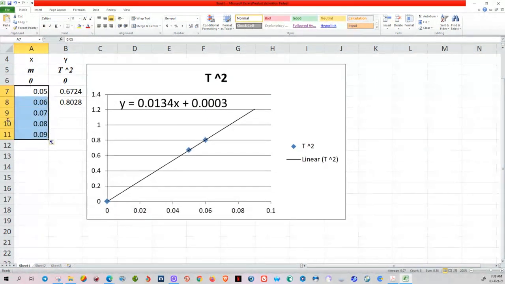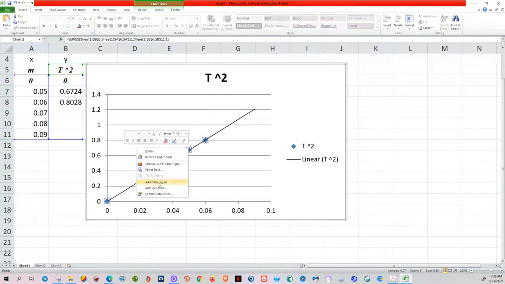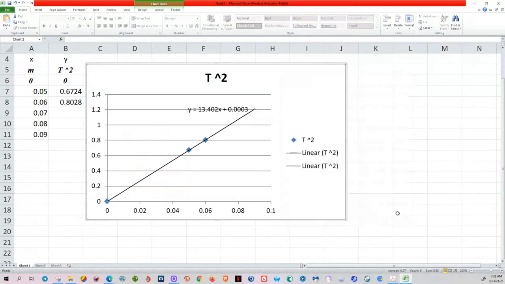So if you change the values, look what happens to the slope, okay? So let's select our point again and then add trend line. The trend line is already there, display equation on the chart, okay? And what's going to be the change? The number of the slope is the same, only the decimal will change there.